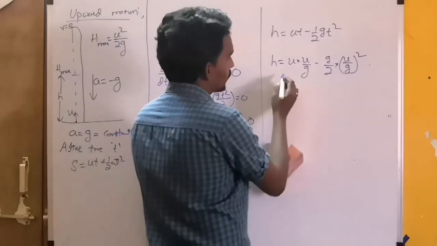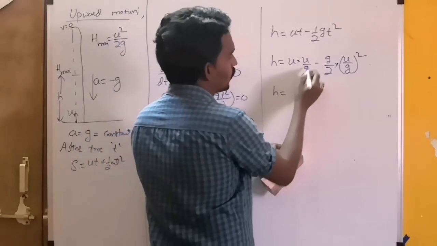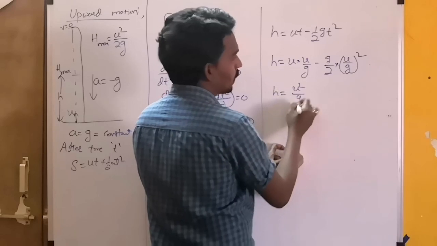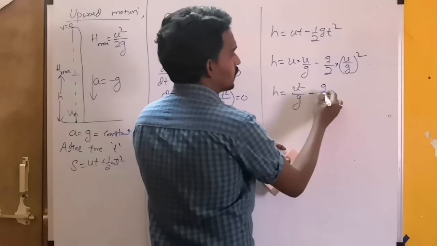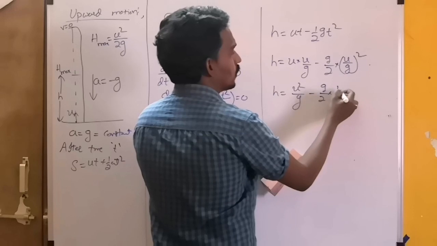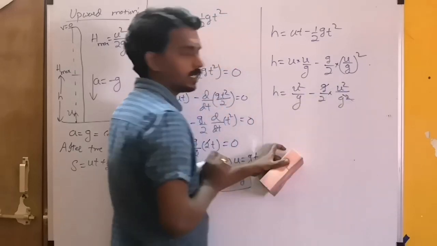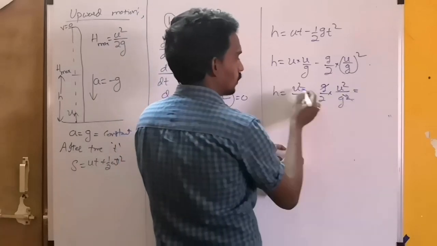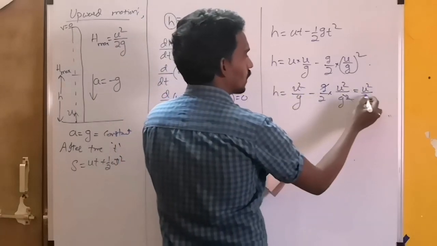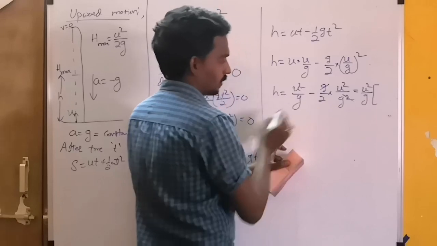Now h equal to u into u square by g minus g by 2 into u square by g square. 1 g square cancel, equal to u square by g, take it common.